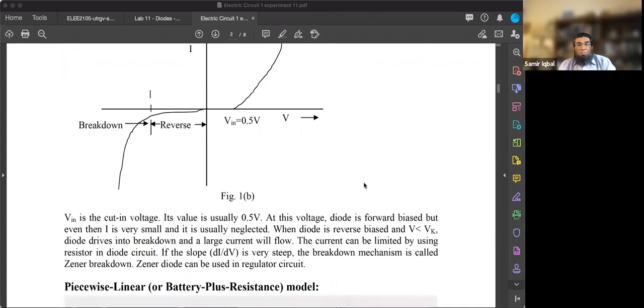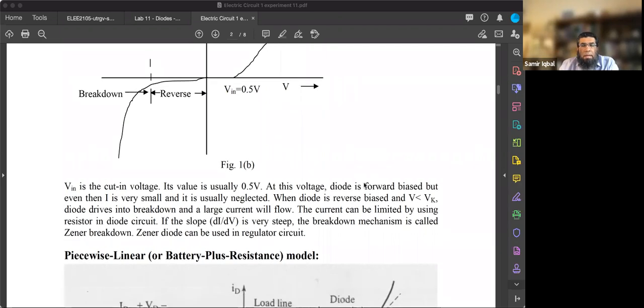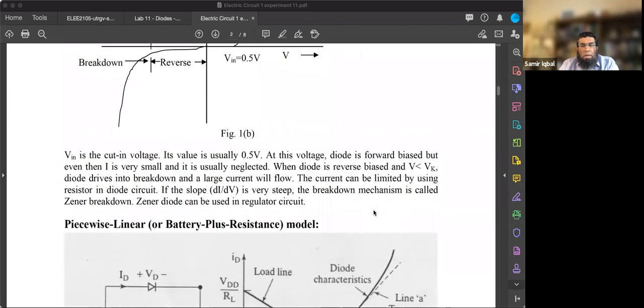Right? So we can use a resistance to limit how much current flows through it, because we don't want it to burn. So we use a circuit that controls how much current can flow in the reverse bias condition.